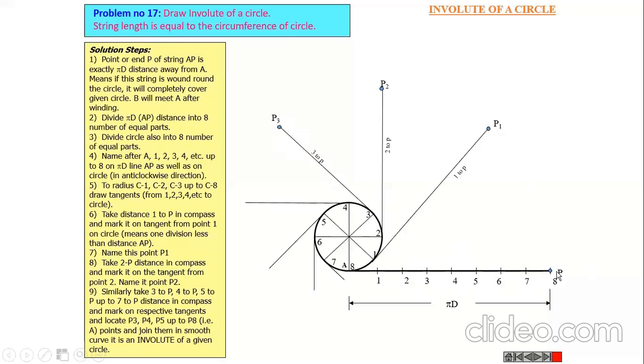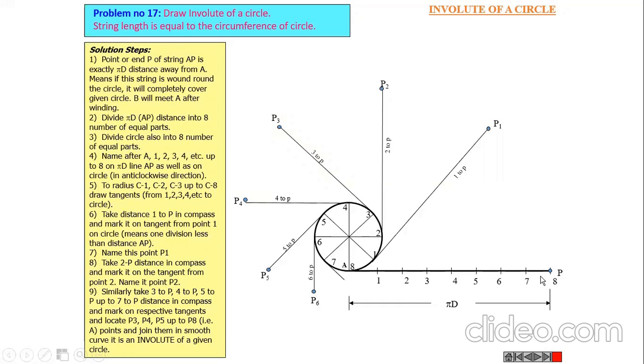Then 4 to P as a radius, 4 as my center point, and intersect this tangent. I am getting P4. Then 5 to P as a radius, 5 as a center, and intersect this using the compass. So I'm getting P5. Then 6 to P as a radius, 6 as a center, intersect this tangent. Then I'm getting here P6.